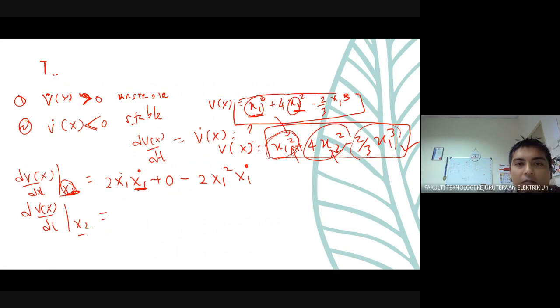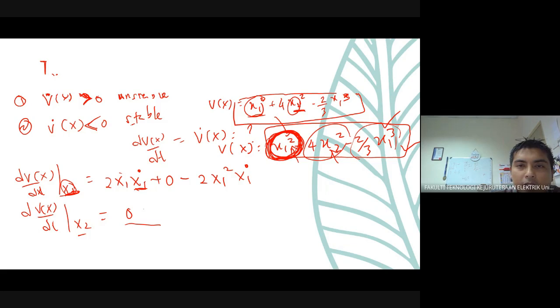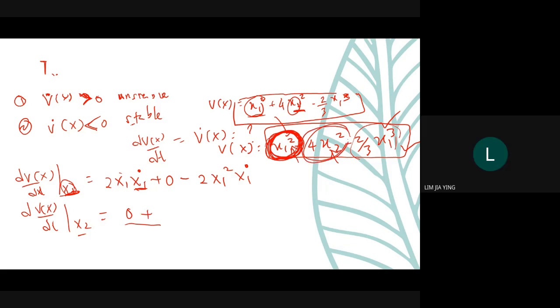So help me to solve, if you do derivative based on x2, what will the answer be for this part? How about this one, if you do derivative based on x1? 0, and then plus the next will be x2 dot, and finally 0 minus 0.